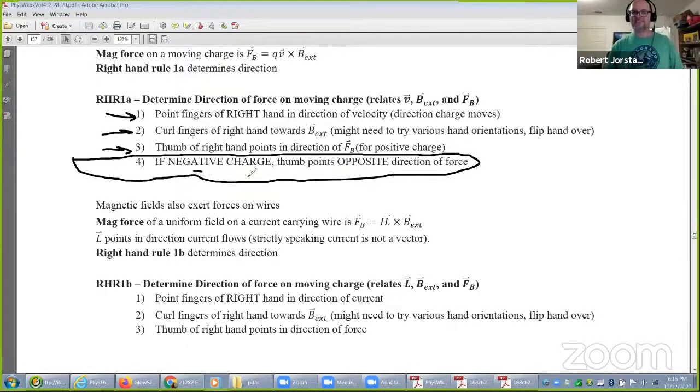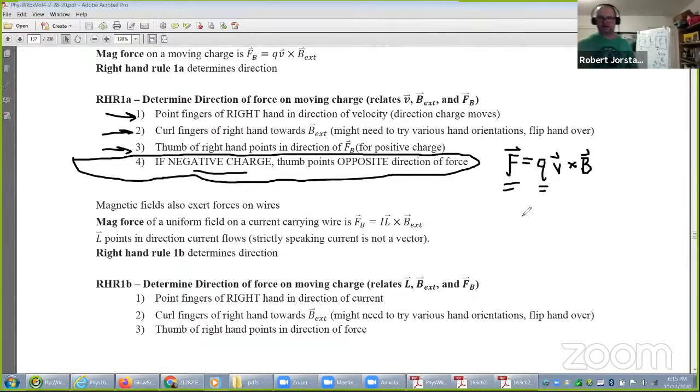If it's a negative charge, the equation is force equals QV cross B. You might be saying, well, how does the charge matter? If you have a negative charge, that's going to flip the force vector. Do you see that? If this Q is a negative number, the force points the opposite way of the cross product. So this is the extra level you have to watch out for.